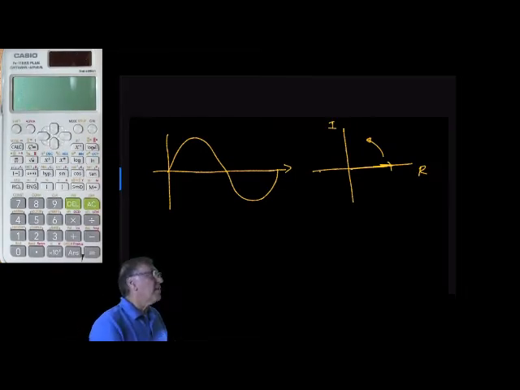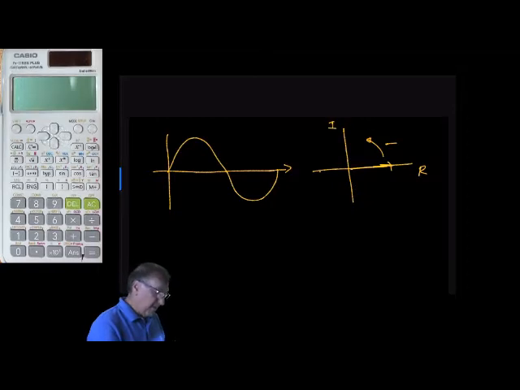This is the real and imaginary plane, and we've always shown this in a counterclockwise direction. The question is, is it always in a counterclockwise direction? And the answer is no, it isn't. It depends on the waveform.